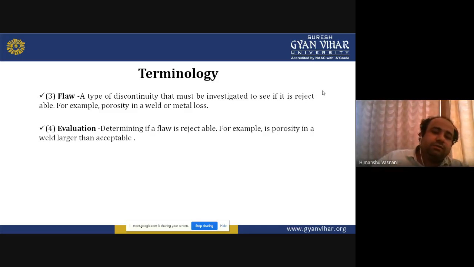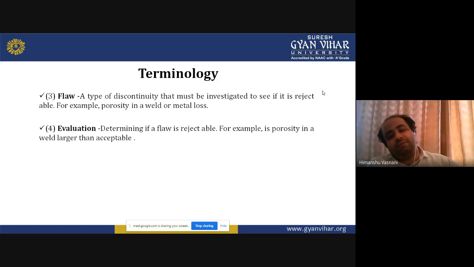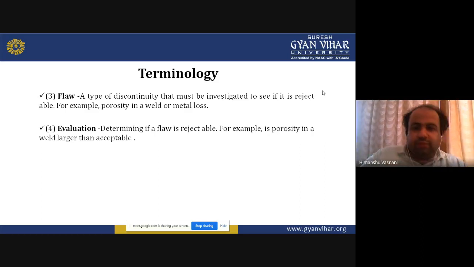If the hole is large enough, then automatically that flaw cannot be accepted. It has to be improved. And if the holes are very small in size, which do not affect the overall strength of the welding, then it can be rejected. Understood? It can be rejected.